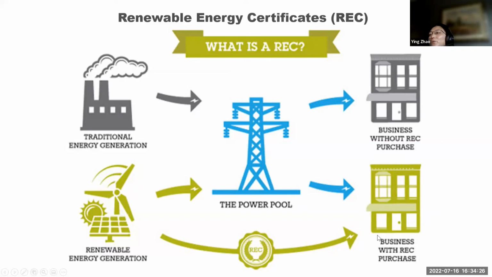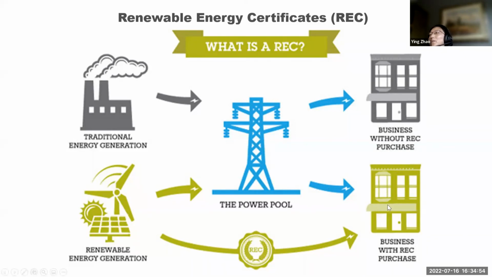So if you purchase renewable certificates, then the amount of energy related to that certificate will be identified as green, as renewable. So that's how they identify the renewable electricity from the grid.